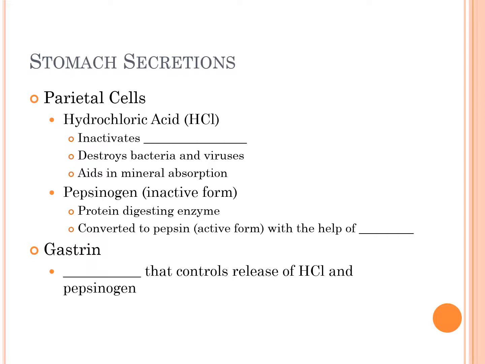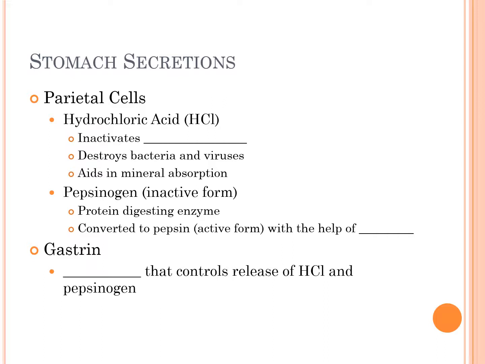It's a very important tool in our immune system because it destroys bacteria and viruses. And the presence of this acid will ultimately help us to be better absorbers of minerals like calcium and iron. The stomach also secretes a substance called pepsinogen.